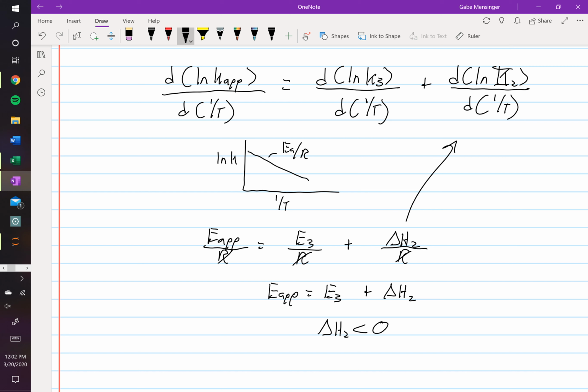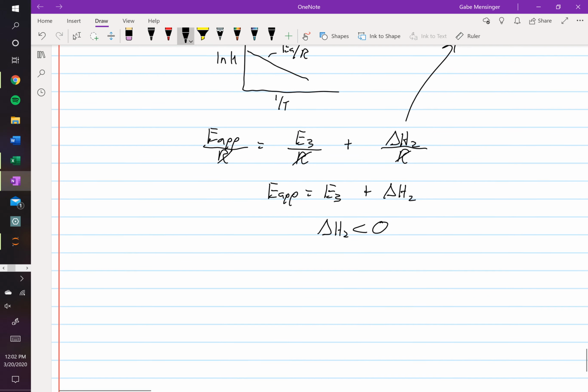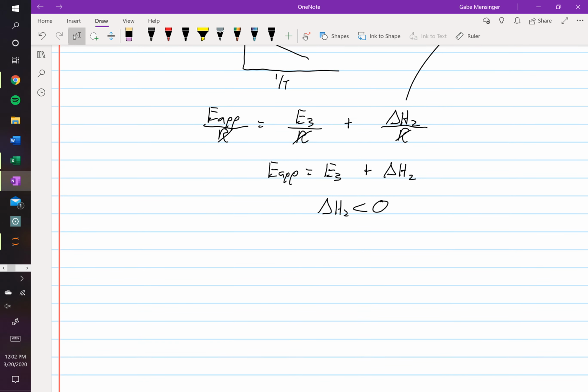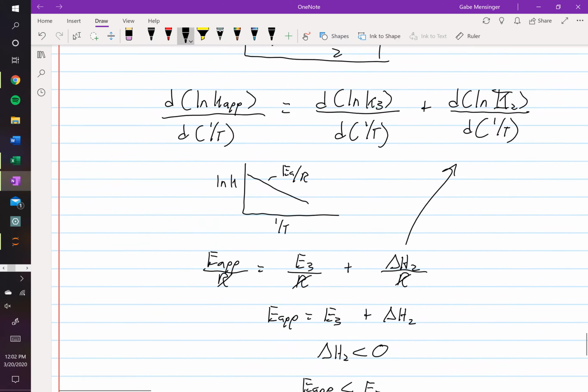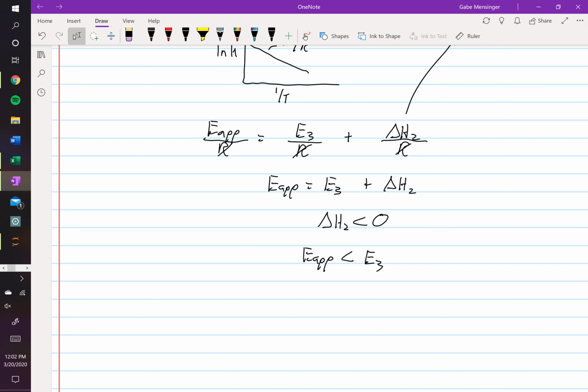And because that step is exothermic, you can say that the apparent activation energy is less than the activation energy of our final step, our rate determining step. And ultimately, that is what we're looking for.